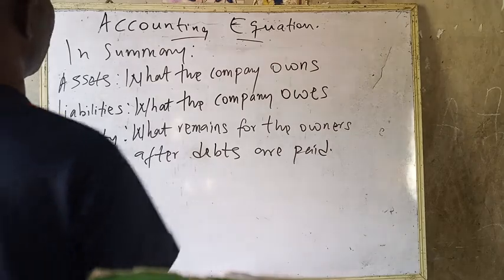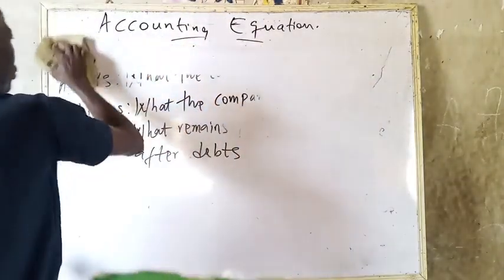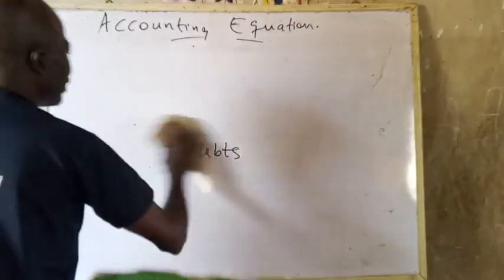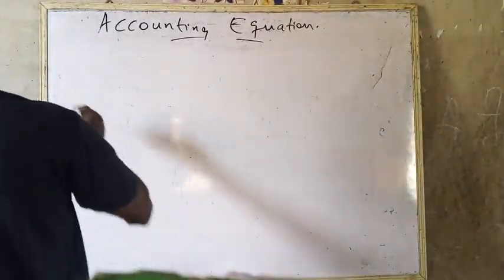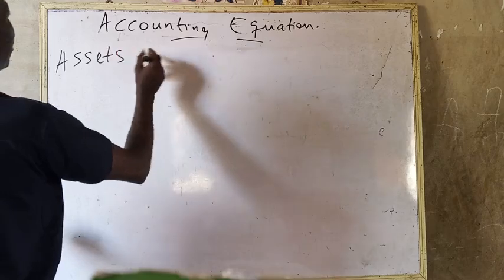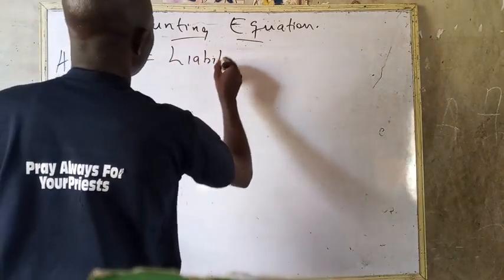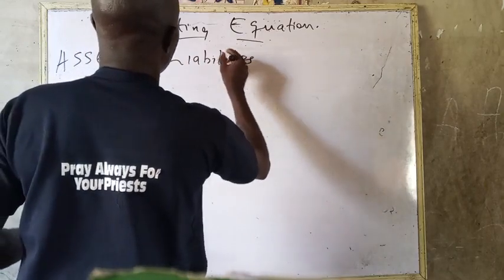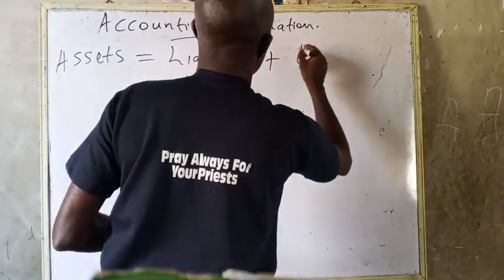Now let's go into the equation proper. Let's now dive into the equation, which is assets equal liabilities plus equity.